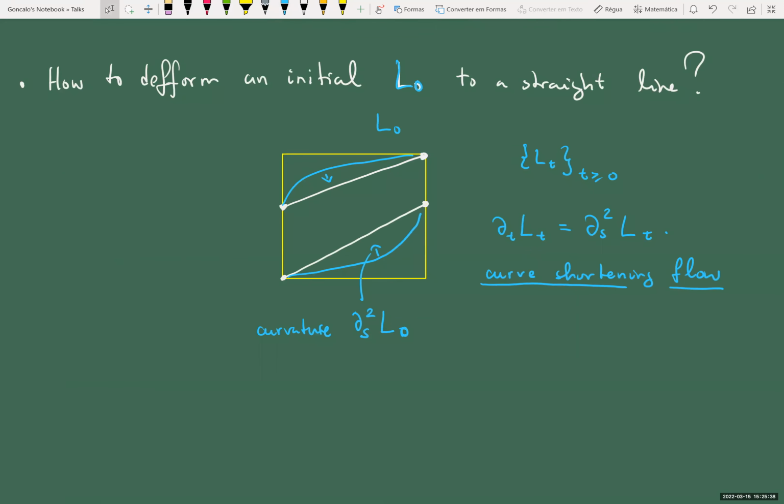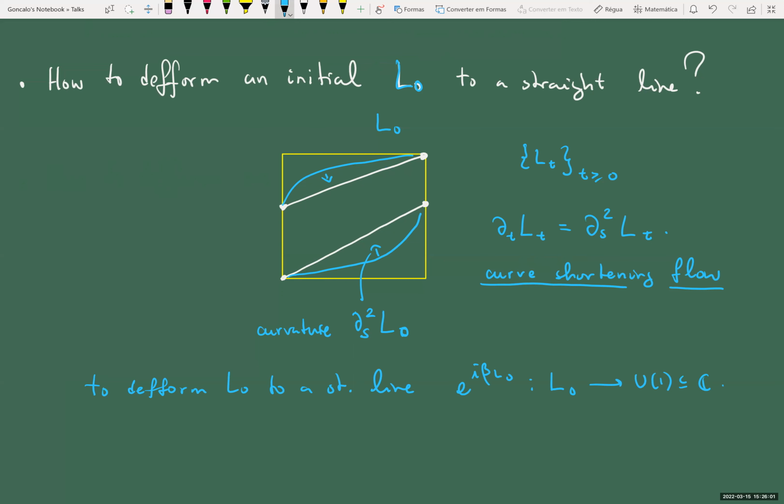And in order to be able to deform L naught to a straight line, there is a necessary condition, which is that I need to be able to deform this function to a constant.